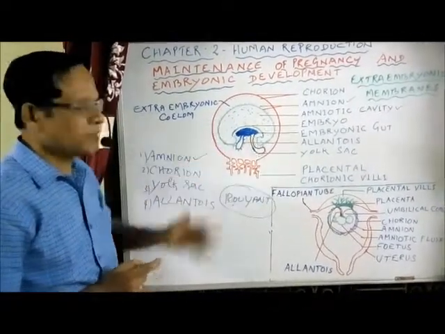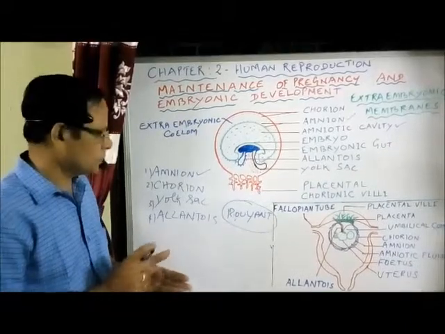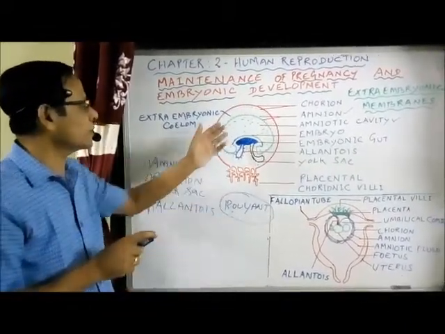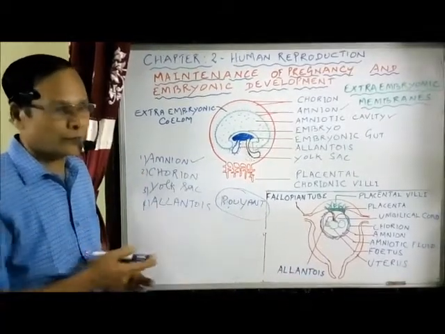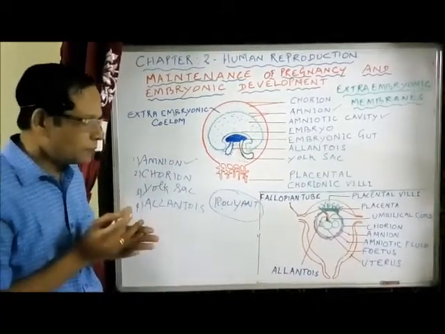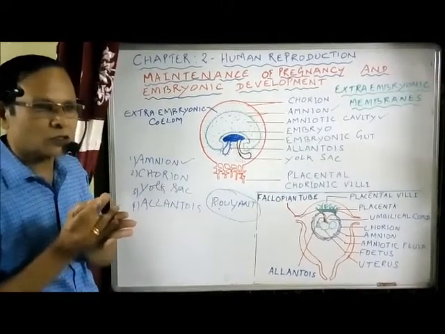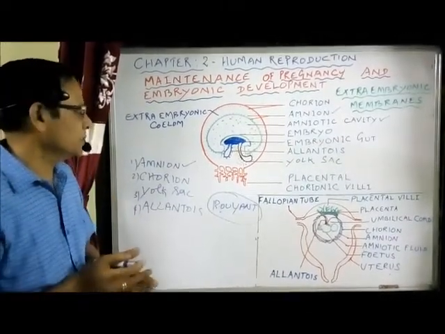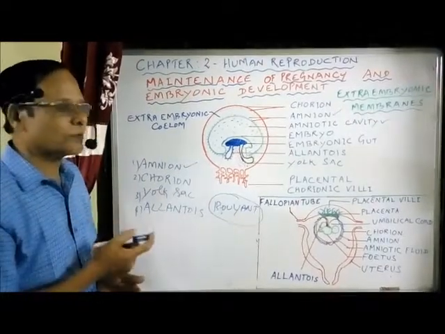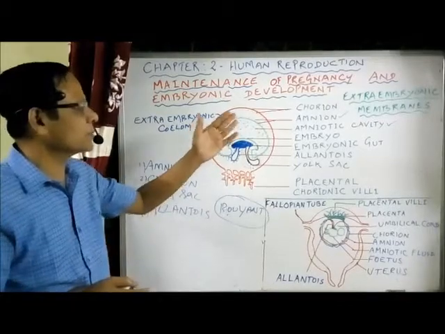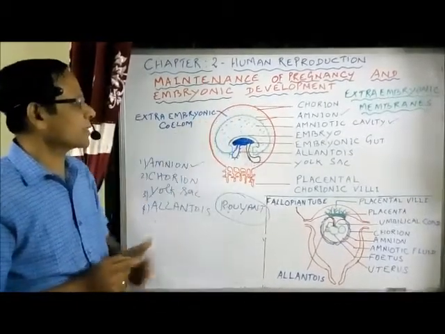And provides a medium for the movement of the embryo. Normally the embryo is surrounded by amniotic fluid in the later stage of development. The fluid medium always protects the embryo from shock better than a solid medium. That's why the embryo is always bathing in a fluid medium, which is the amniotic fluid present in the amniotic cavity.